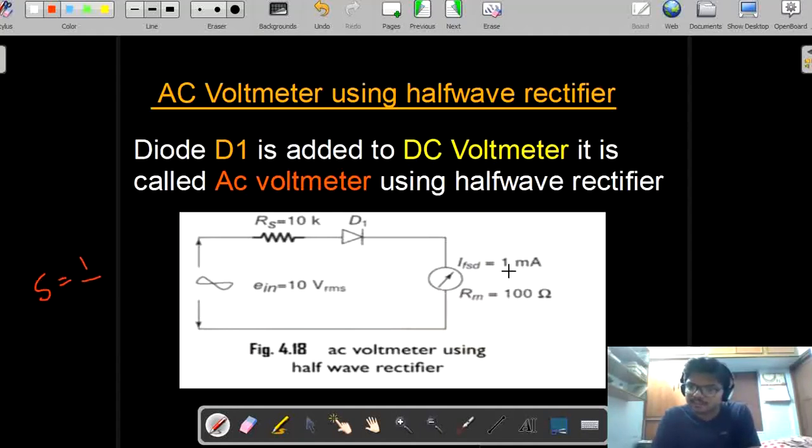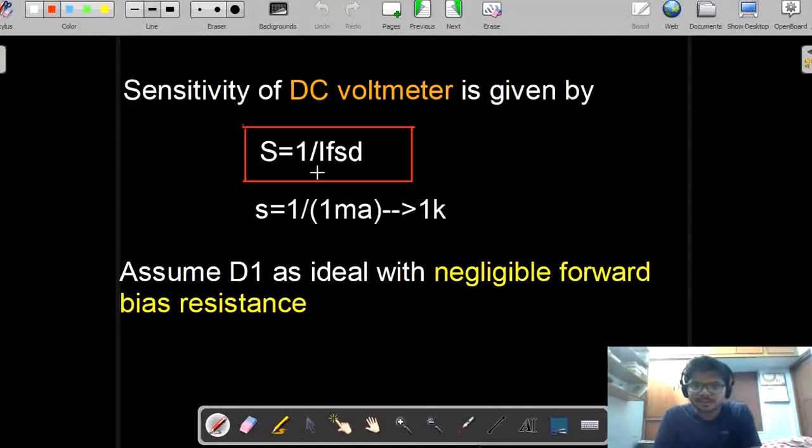What is full scale deflection current? 1 milliampere. By this concept we can measure the sensitivity of a device. So sensitivity equal to 1 by IFSD. 1 by 1 milliampere equal to 1K. 1K is my sensitivity.